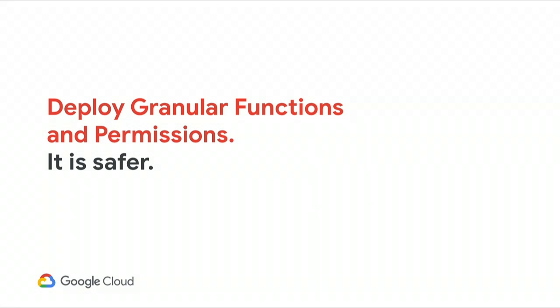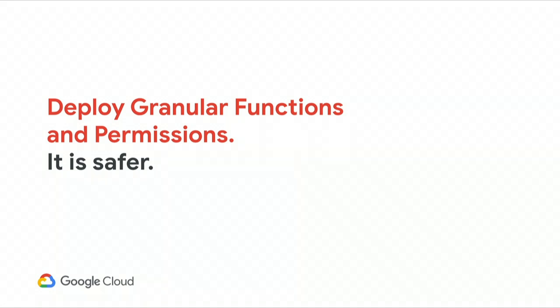Secondly, you should deploy granular functions and permissions. It's safer. So think about today. You were able to come down into this space because you have a badge. I'm looking out and you all have badges on, right? But your badge doesn't get you into the entirety of this space, right?